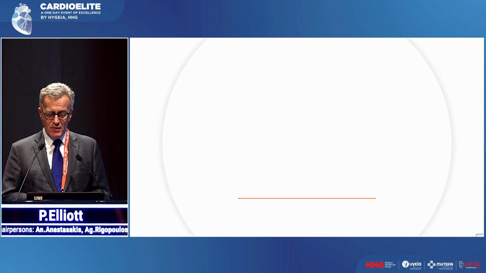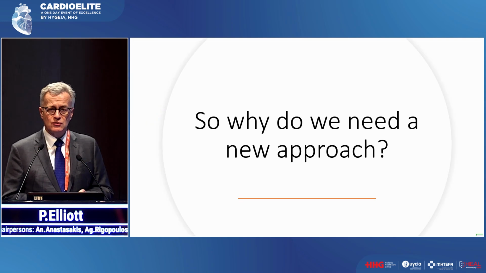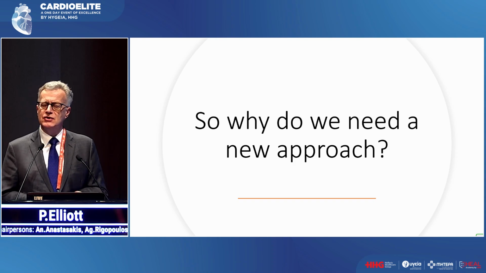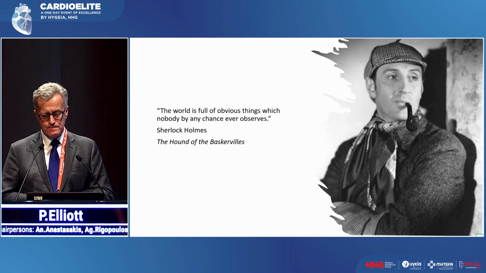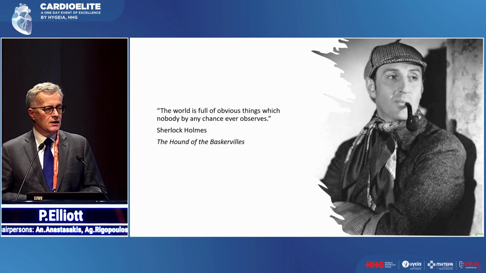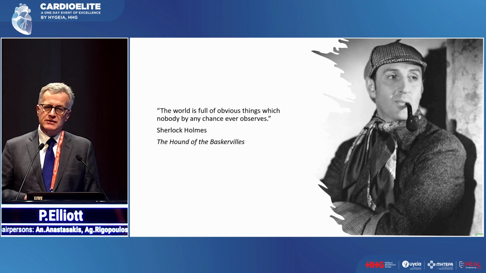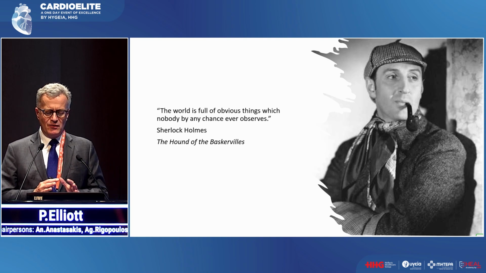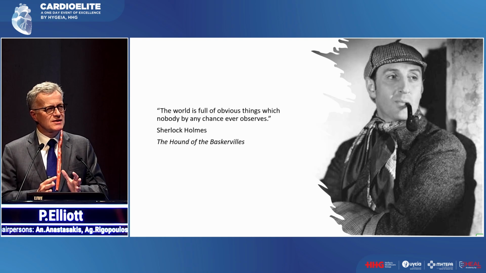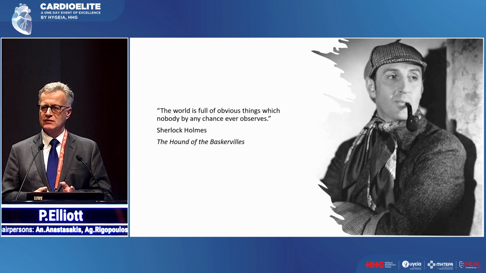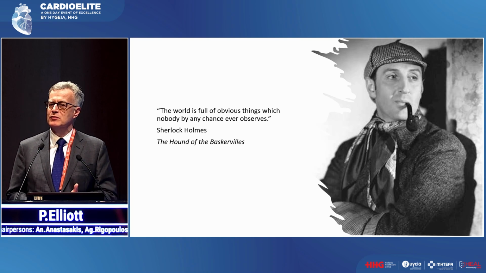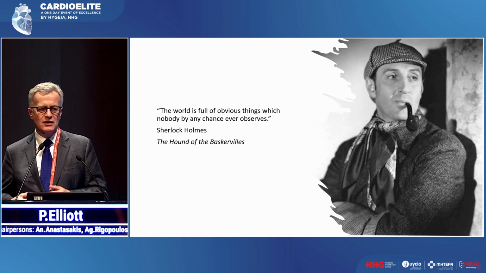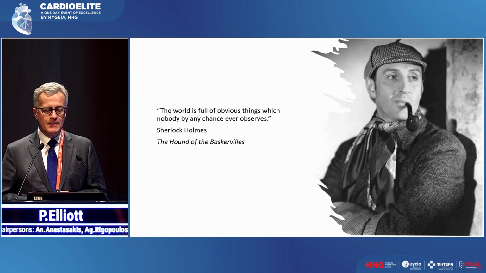So you might be forgiven for asking this question: why do we need a new approach in cardiomyopathies? One of the reasons is that we take a somewhat simplistic view of heart muscle disease. We organise it according to a couple of numbers: ejection fraction or cavity size or wall thickness.